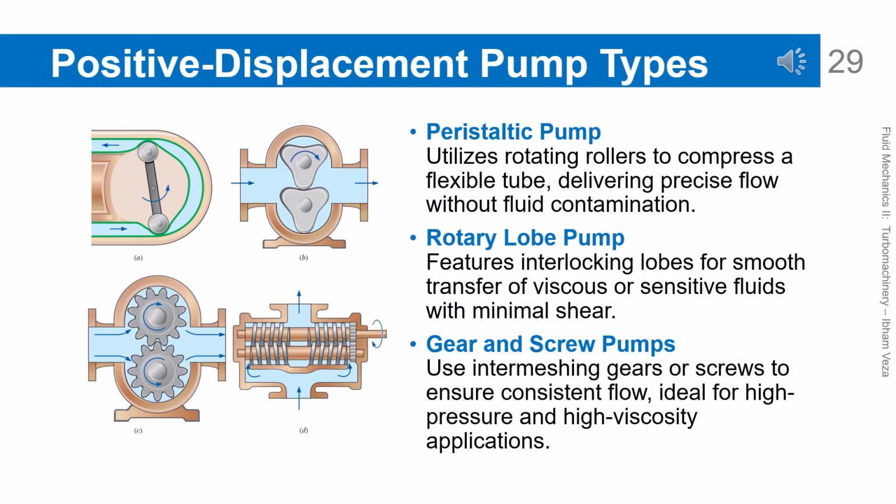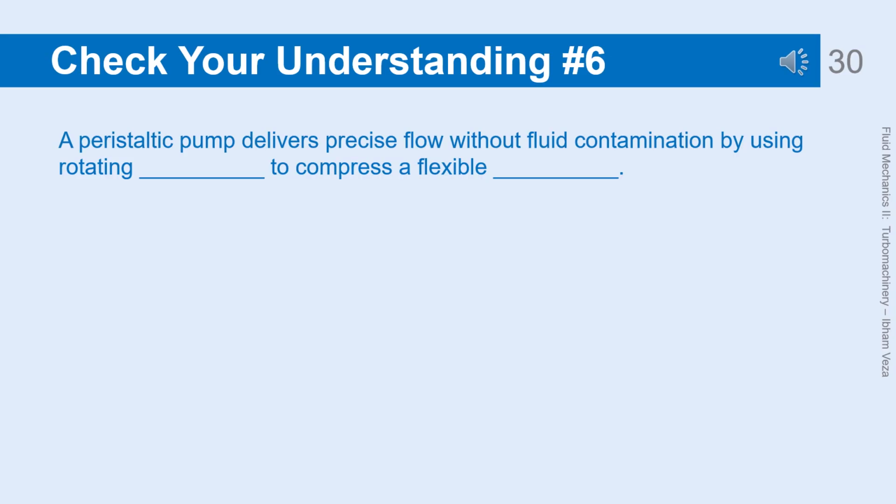Gear and screw pumps use intermeshing rotating elements to produce nearly constant flow. These types are well suited for viscous fluids or high-precision applications. The basic principle is to move a fixed volume every cycle. A peristaltic pump delivers precise flow without fluid contamination by using rotating rollers to compress a flexible tube.